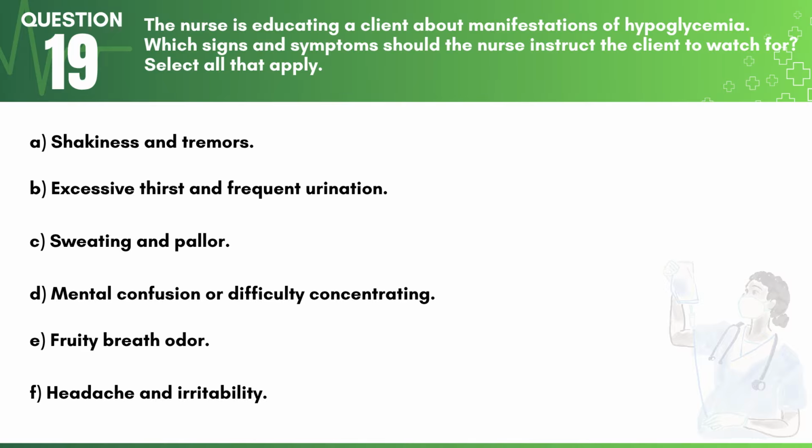Question 19. The nurse is educating a client about manifestations of hypoglycemia. Which signs and symptoms should the nurse instruct the client to watch for? Select all that apply. A. Shakiness and tremors. B. Excessive thirst and frequent urination. C. Sweating and pallor.